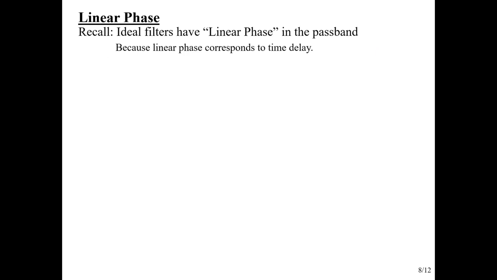Okay, so that leads us now to revisit the concept of linear phase. So in your signals and systems class, you probably should have learned about ideal filters, and you should have learned that they have linear phase in the pass band, and that was a very specific thing.